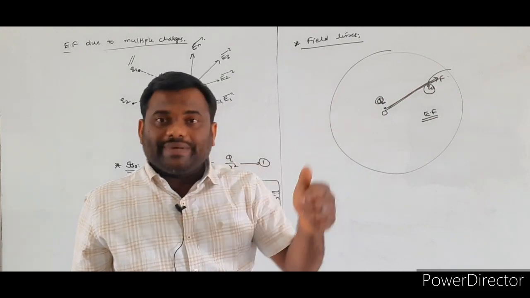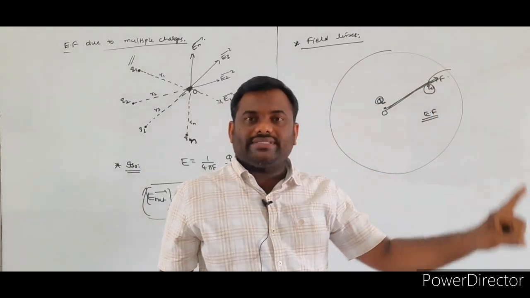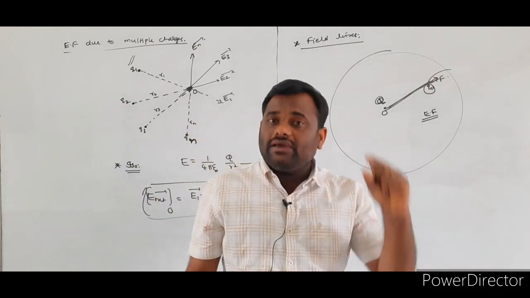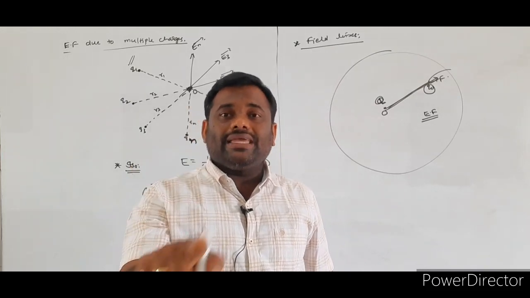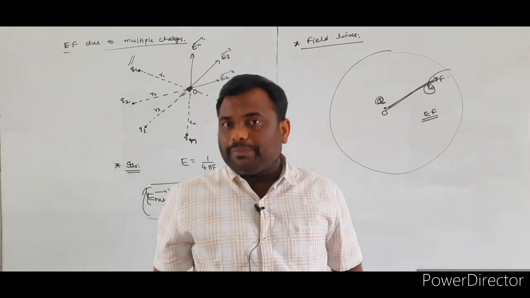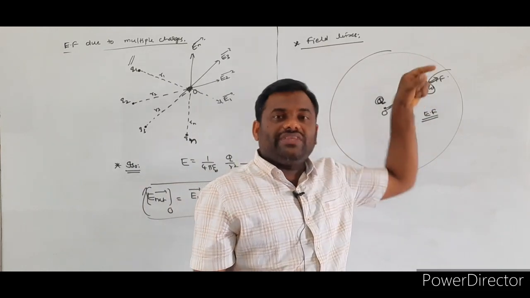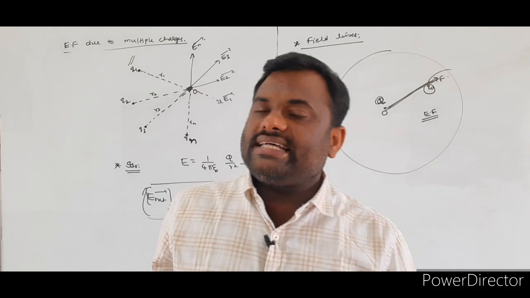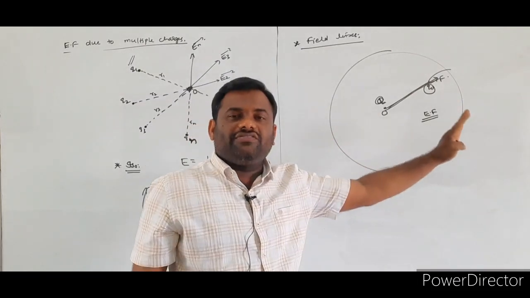Whenever another charged particle enters the electric field, it feels some electrostatic force. From the definition of the force, it will come into motion, and it will follow some particular path. The path followed by the given test charge within the electric field will be called electric field lines. So this is the definition of the electric field line.